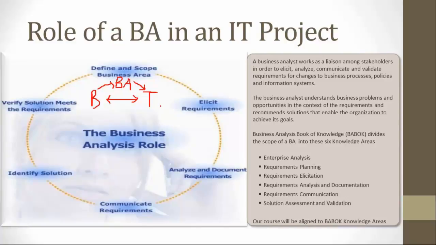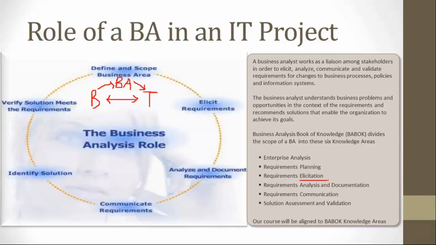Okay. Now, how can he do this? He can do this because of two main skills. First, his ability to talk to the business team and understand the requirements, his requirement elicitation skills. He'll know how to engage the business and ensure that all aspects of the requirements are understood. So the first step of this process is that he has to understand the requirements himself.